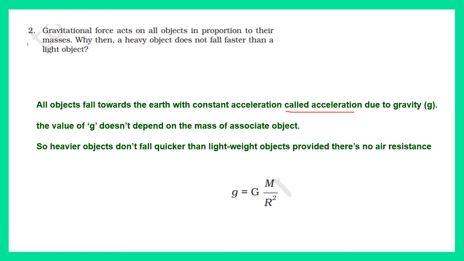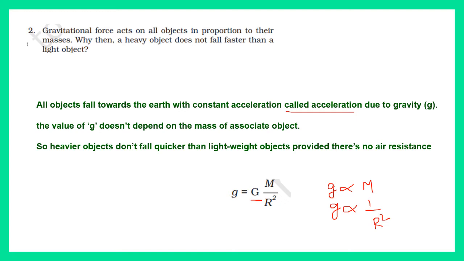See, here is the formula, and you can see the value of g is directly proportional to the mass of the earth and inversely proportional to the square of the radius of the earth. Okay, and this value of g is constant.